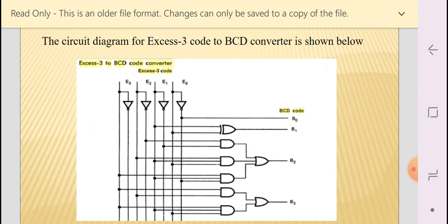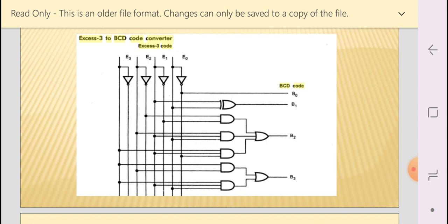And this is the circuit diagram that I am discussing here, that is the XS3 code to BCD converter. Look here students, E3, E2, E1, E0 are the inputs, right, and the BCD code is at the output section.